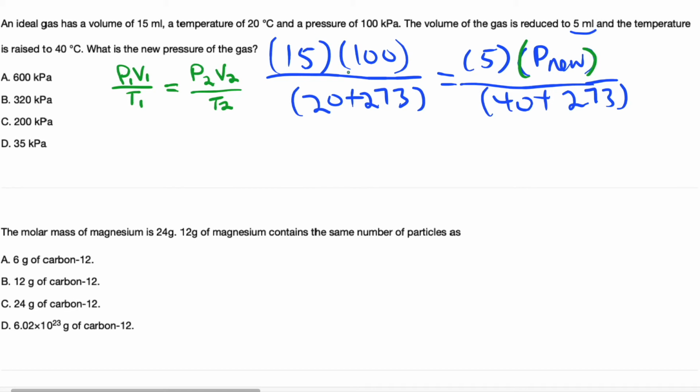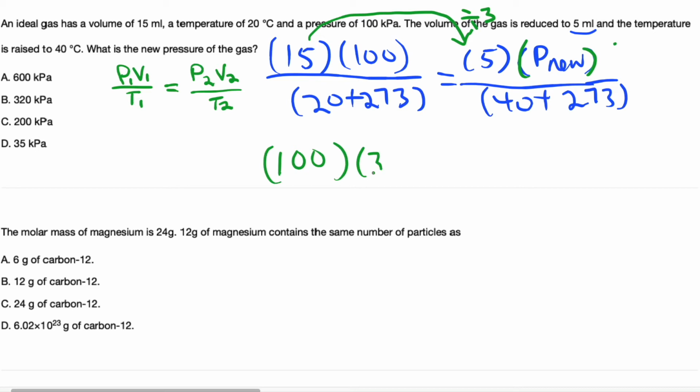So how can we do this? This involves a lot of calculation, so I'm going to use some trick here. Since the volume is divided by 3, we know that in order for those two quantities to be equal to each other, the pressure is going to be multiplied by 3, right?